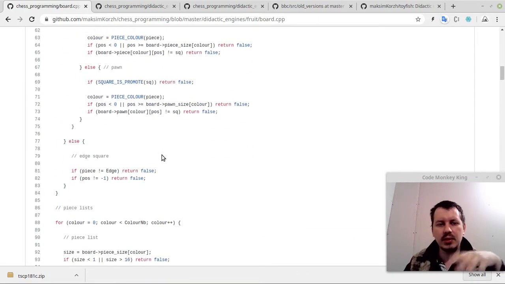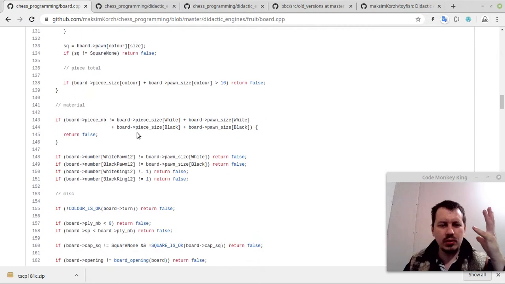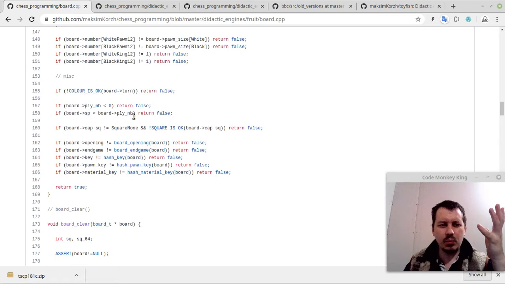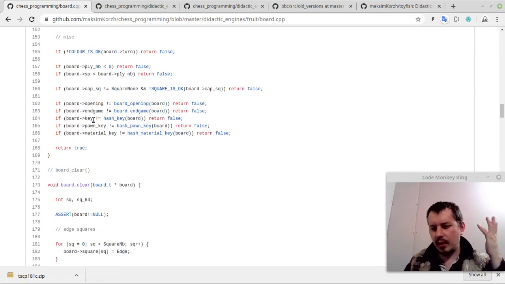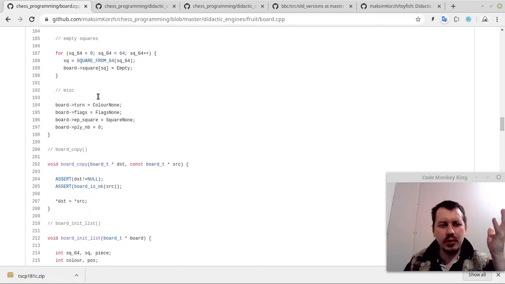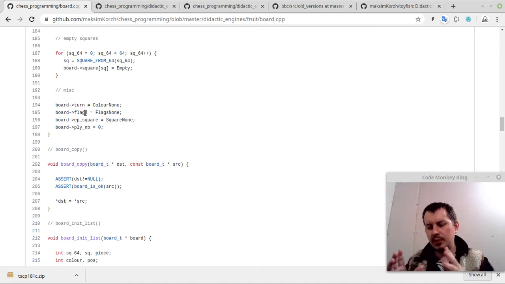So that's Fruit, right? If you have a look at the source code, you see this board, and within the board you have all of the parameters, all of the fields that you can access. It's really more eye-pleasing. If you have a look at the source code of Stockfish, you would most likely feel like chess programming is too complicated, it's not for me, and just drop it and try something else.